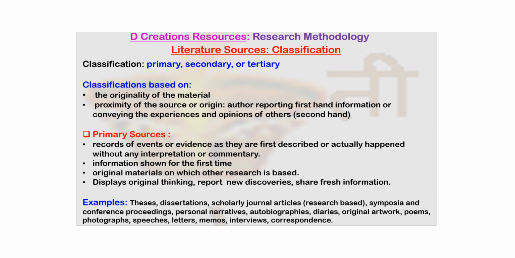But here, if you want to classify them, there could be different kinds of sources that you would need to refer. The classification is based on whether the material that you are referring to is original. When I say original, it means is it a first hand report?